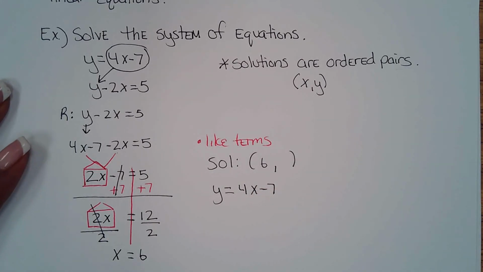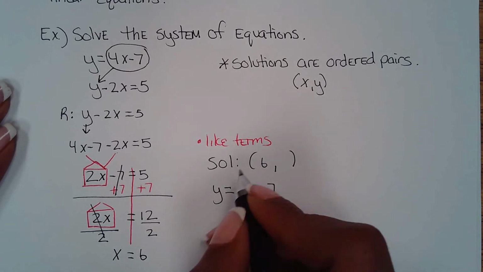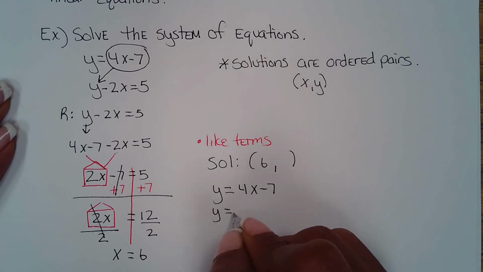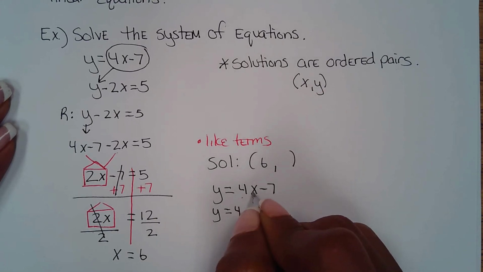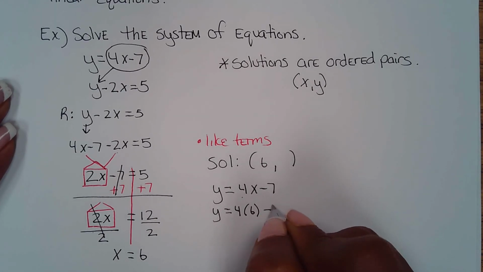I'm using that equation because it's already solved for y, so it's going to be the easier equation to use. We're still doing substitution. I'm going to have y equals, instead of 4 times x, 4 times 6, and then bring down my minus 7.